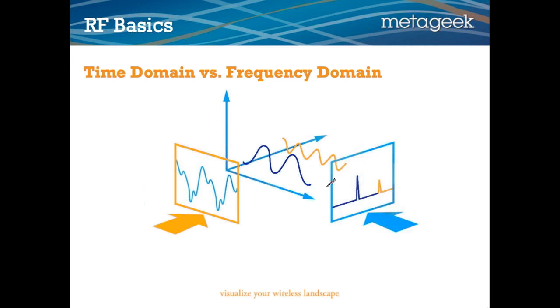With a spectrum analyzer, we get to see something different. We get to see the amplitude, how loud things are talking. We get to see the frequency or the channel that it's talking on. And with our spectrum analyzer and a few others out there as well, we also get to see things talking over time. So it gives us an extra dimension to look at. And that's why we're going to look at something with a spectrum analyzer instead of an oscilloscope.